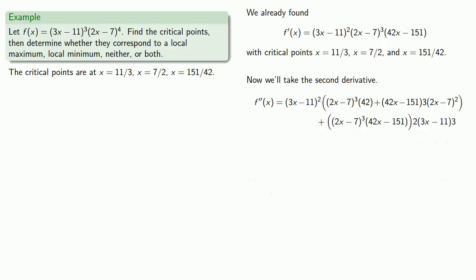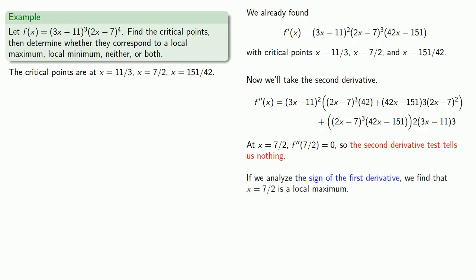How about our second critical point? At x equals 7/2, the second derivative at 7/2 is 0. So once again, the second derivative test tells us absolutely nothing. And we have to go to the first derivative test. If we analyze the sign of the first derivative, we find that 7/2 is a local maximum value.